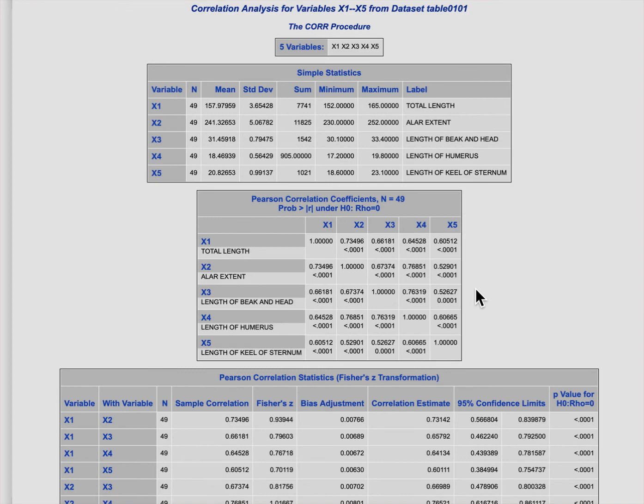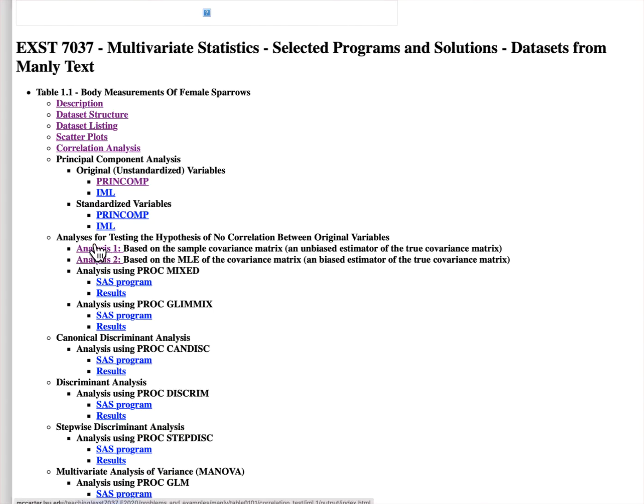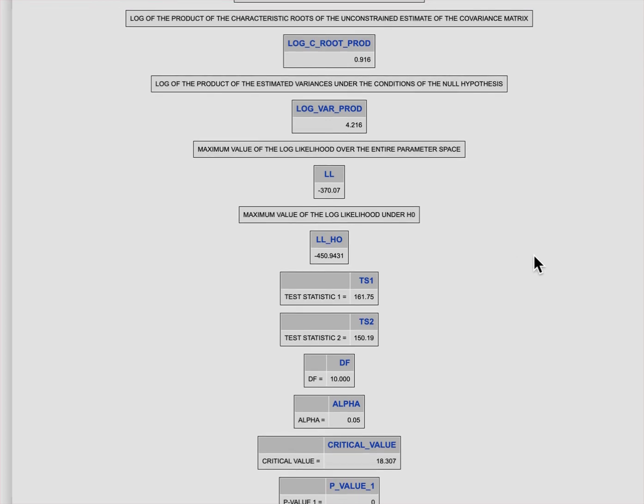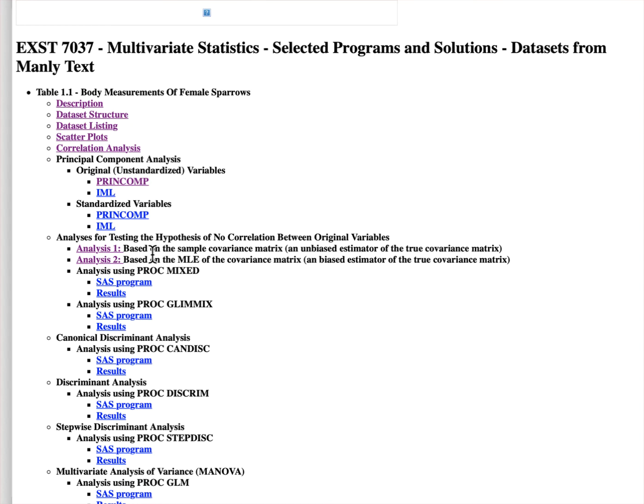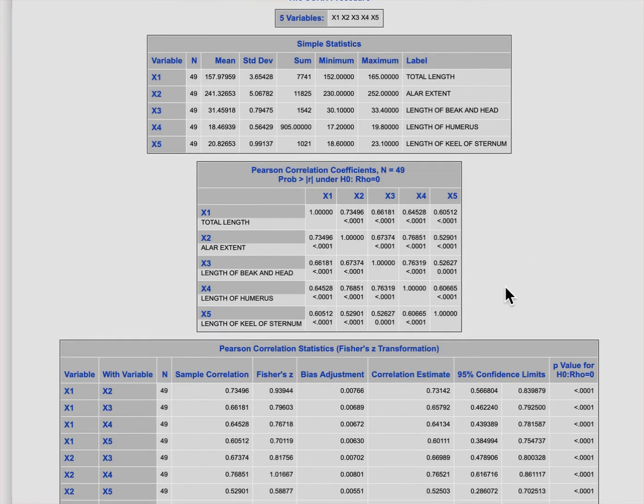And by virtue of using these two tests together, the overall test, the first test, based on this overall or omnibus test, which simultaneously tests the null hypothesis that all 10 correlations are zero against the alternative that at least one of the correlations is non-zero, in conjunction with the 10 individual tests in the output from PROC CORR, we can conclude, therefore, that all 10 of these correlations are non-zero, and the overall type 1 error rate that we have for this combined procedure is 5%.